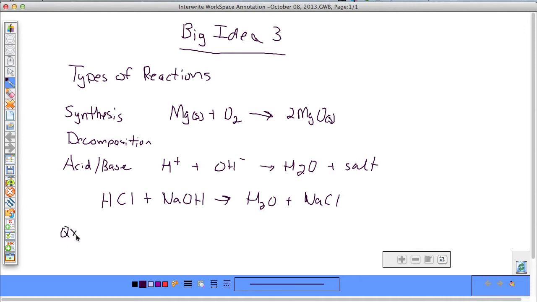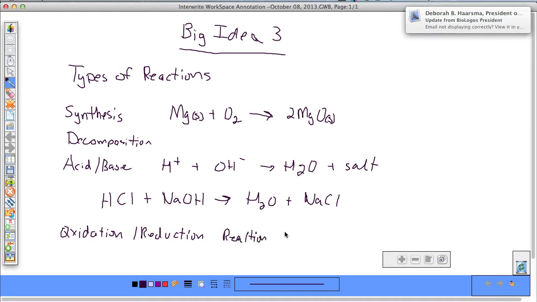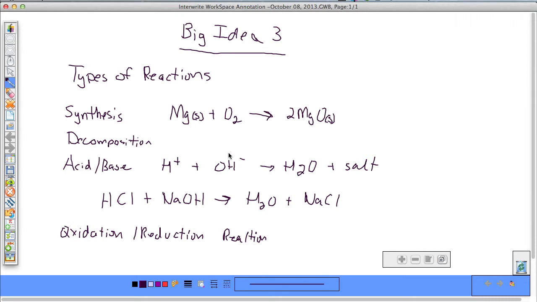the other one that will come up a lot is the oxidation reduction reaction. Okay, oxidation reduction reaction. So in this one, we're going to look at the transfer of electrons.